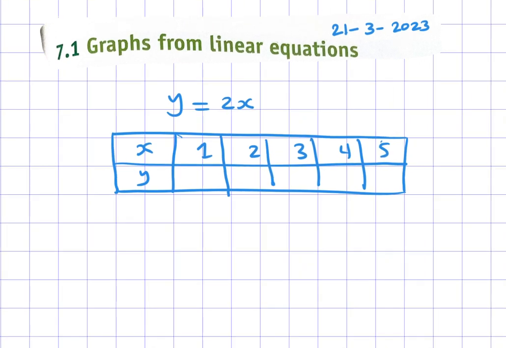Now you can find the corresponding value for y. If x equals 1, y equals what? 2 times 1, so 2. Now if x equals 2, 4. If x equals 3, and then, okay. Now how to draw?